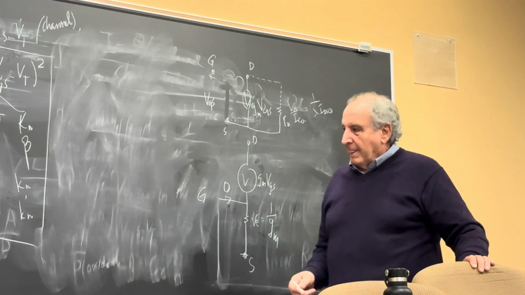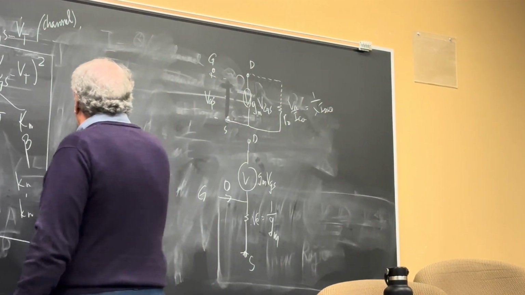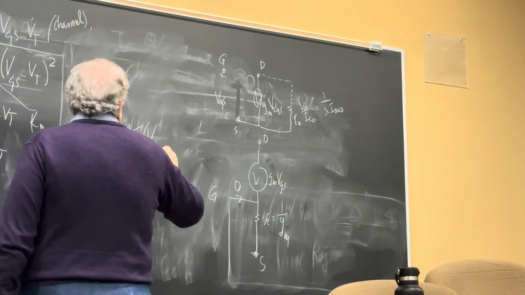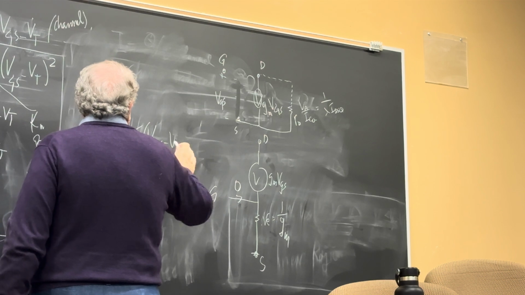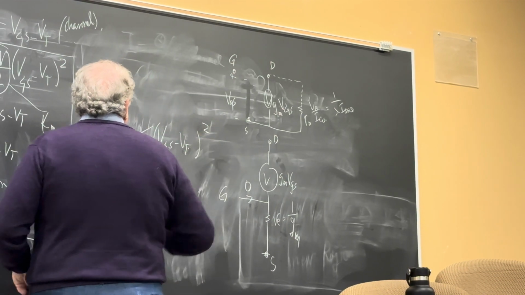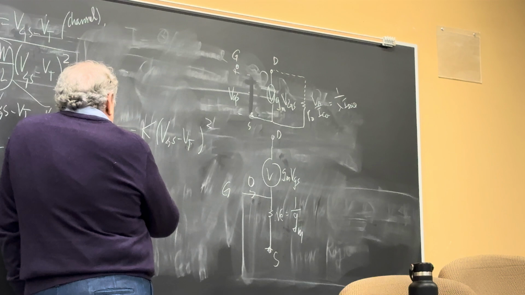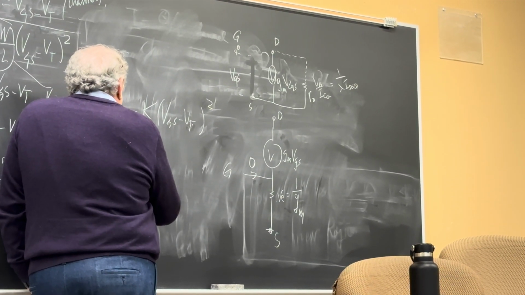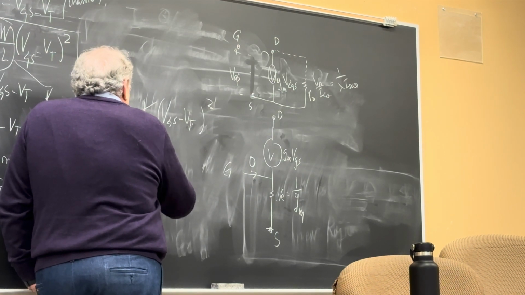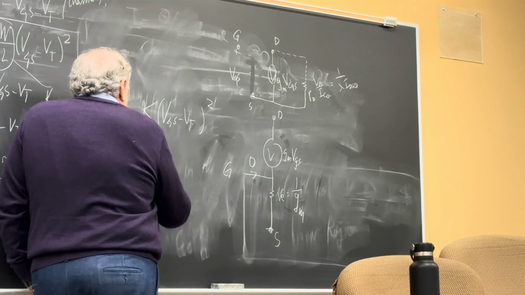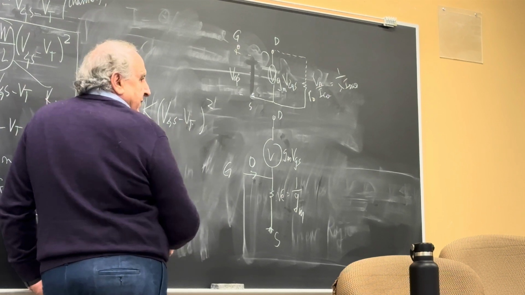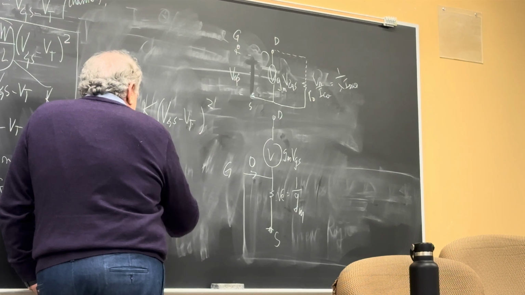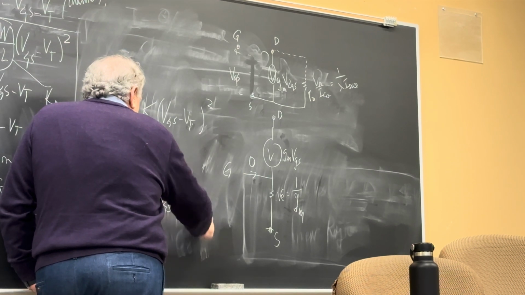Now, if the current IDS is equal to K times VGS minus VT, squared, and you want to calculate G sub M, here you go. Take the derivative of IDS with respect to VGS. It comes out to be 2K times VGS minus VT.